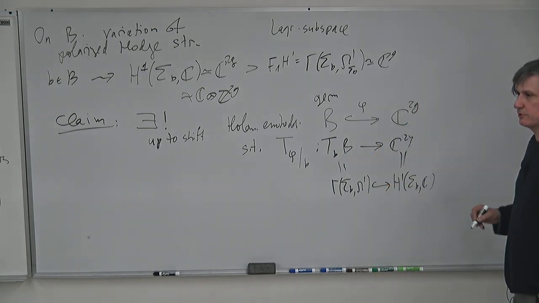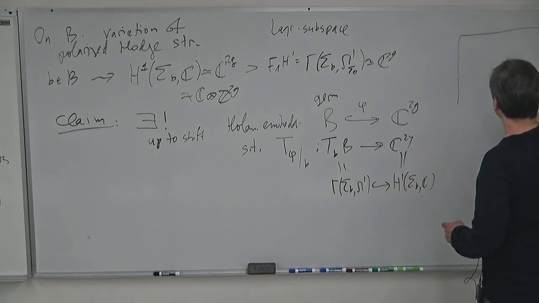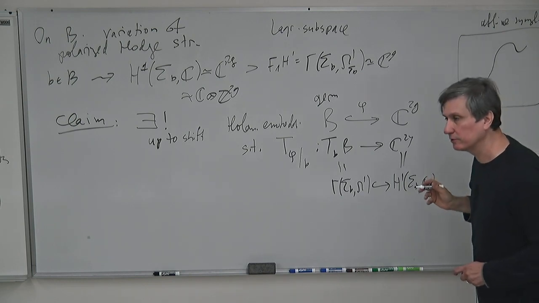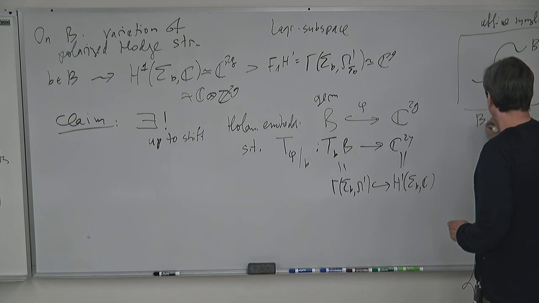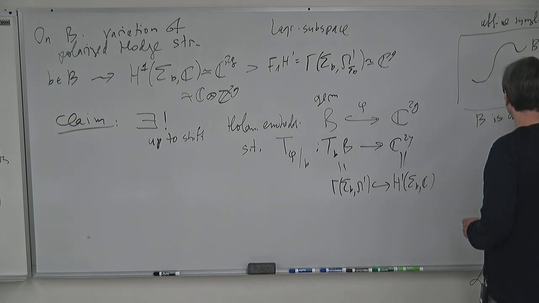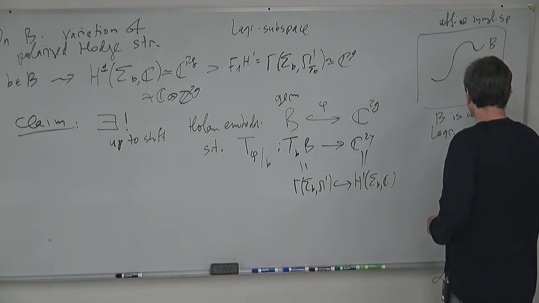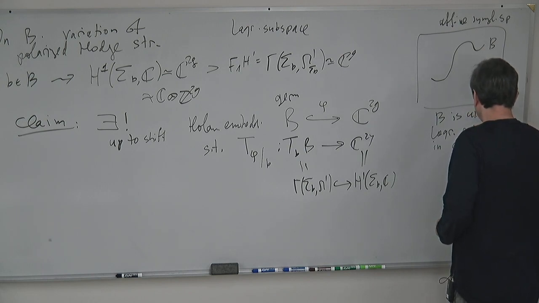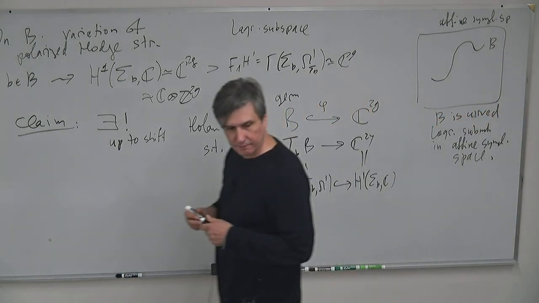So this diagram is commutative. So automatically what you get is an affine symplectic space and a curved submanifold. B will be a curved Lagrangian submanifold in affine space, a germ of a Lagrangian submanifold in affine symplectic space. Okay, so that's basic geometry.